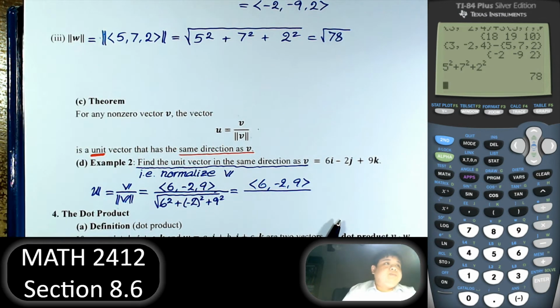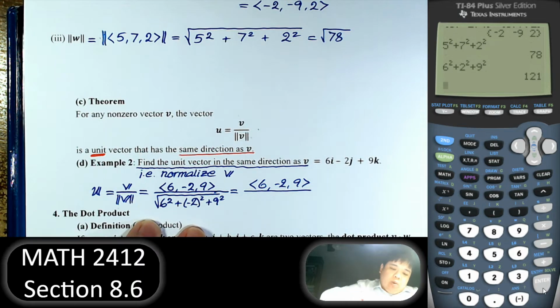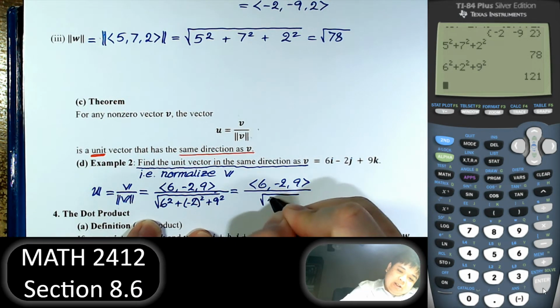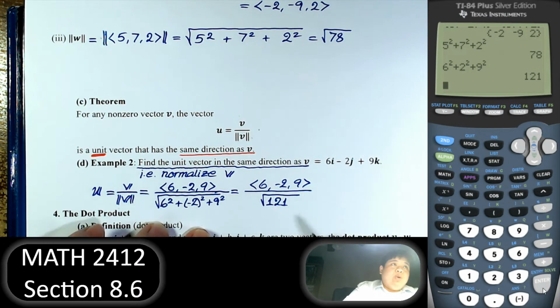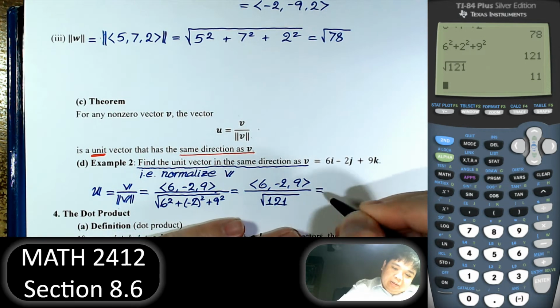At the bottom, 6 squared, -2 squared, or just 2 squared, that's like 40, and 9 squared. So 121. The square root of 121 is 11.